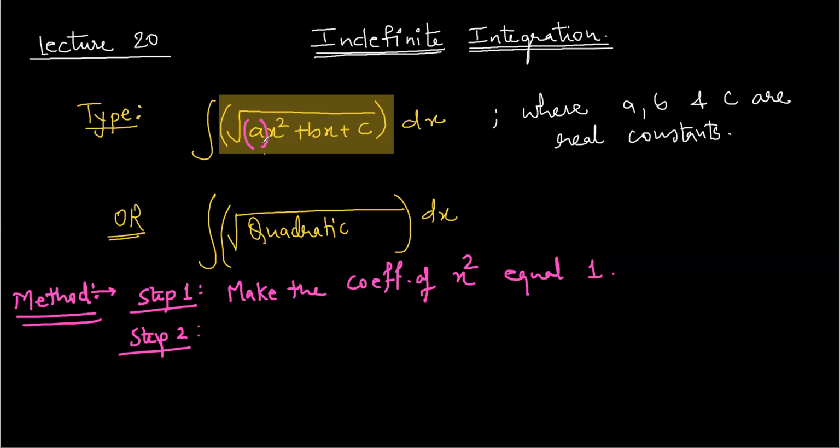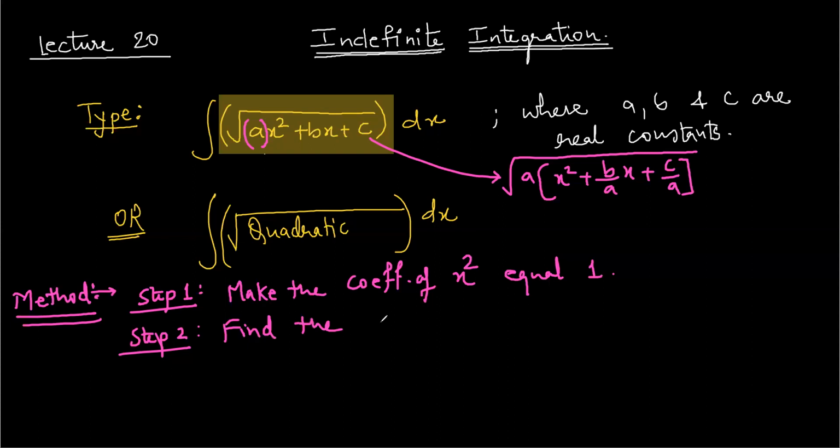Like here you have a, so you will take a common. The moment you take a common inside the square root, I'll get x square plus b over a x plus c over a. So the first step is to make the coefficient of x square equal to 1. Then the second step is find the proper last term.